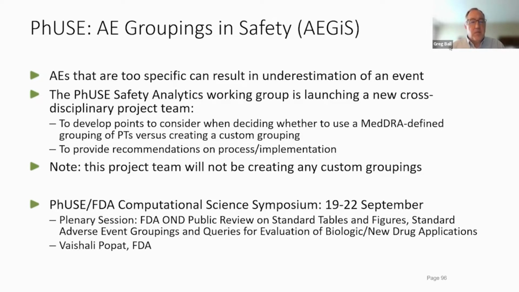So we formed this project team to develop points to consider when deciding whether to use a meta-defined grouping, I use the language we used before FMQs were introduced here, although they are meta-defined groupings, versus creating a custom grouping, and to provide recommendations on the process implementation.